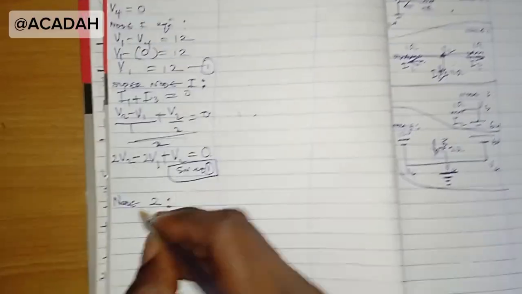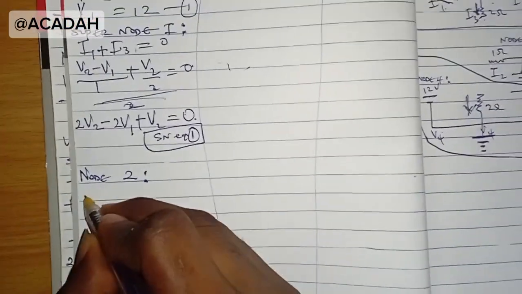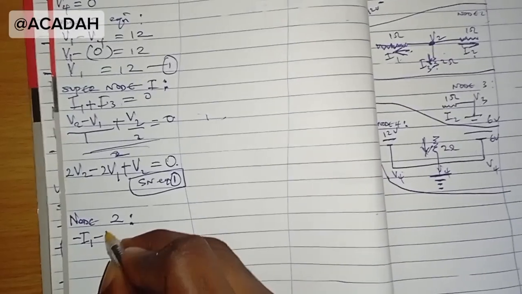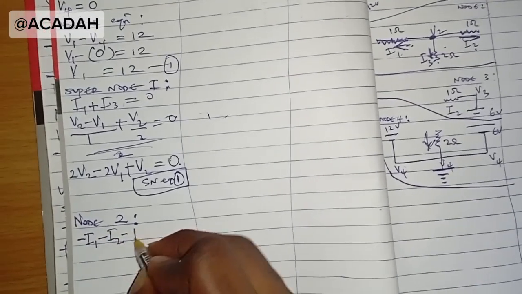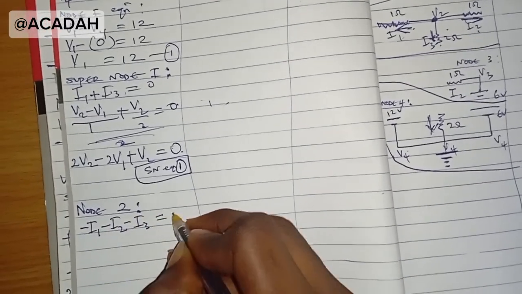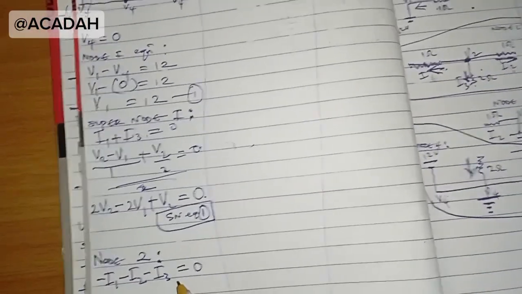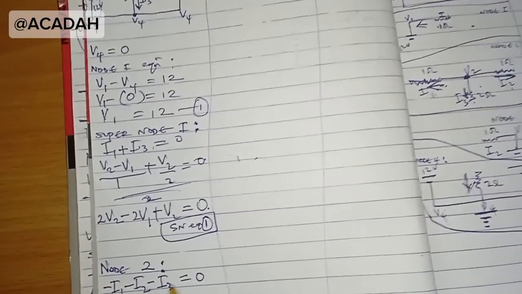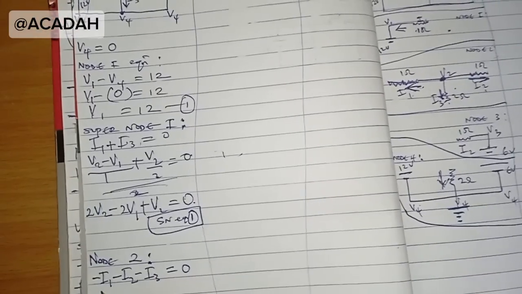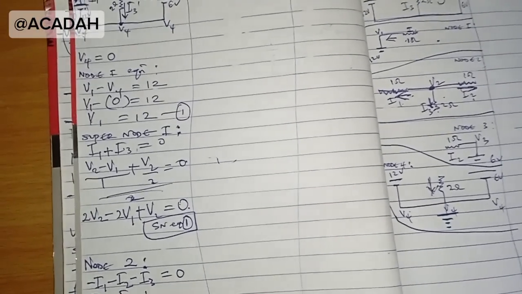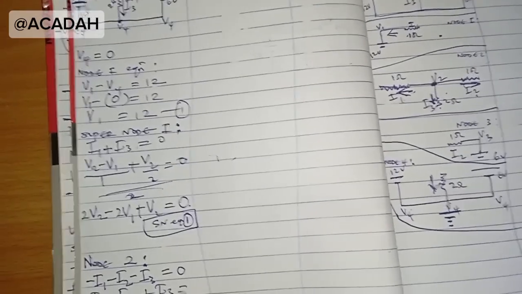So all the currents are leaving. That means node 2 is simply minus I1 minus I2 minus I3 equals 0. Since everything is minus, I can multiply by minus 1, so everything becomes plus: I1 plus I2 plus I3 equals 0.